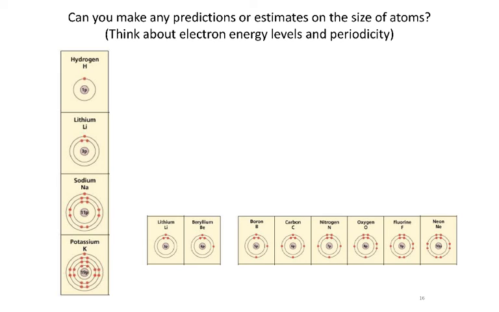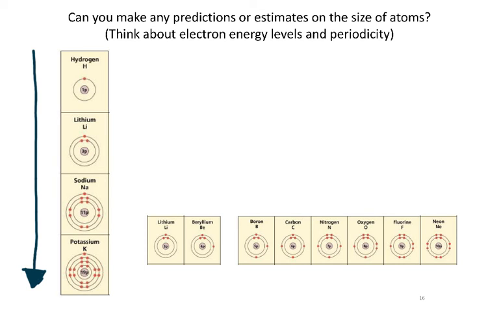So think about electron energy levels and periodicity. So think about what happens, can you make a prediction on the size of atoms as you go down a row? Well, I included this representation here because I think this is helpful, right? And we see that if we add a circle around the outside and put the electrons there, they are farther from the nucleus.